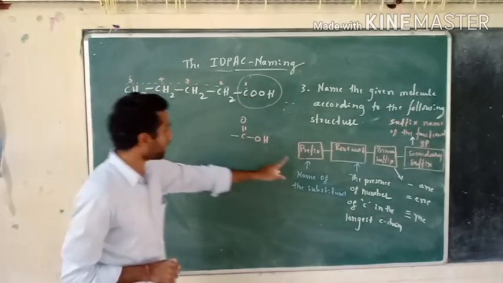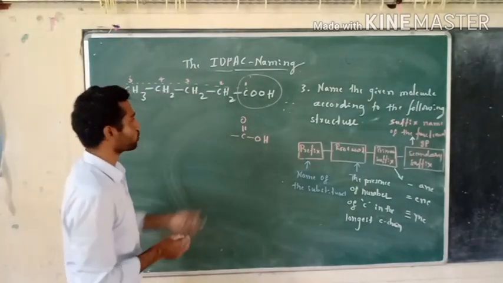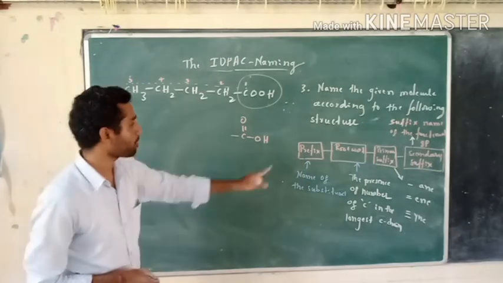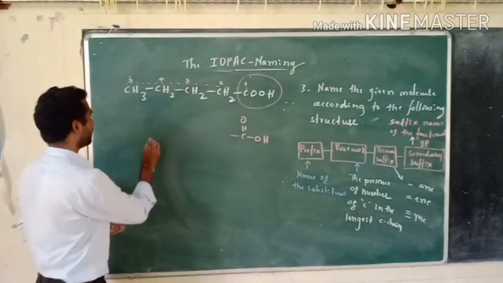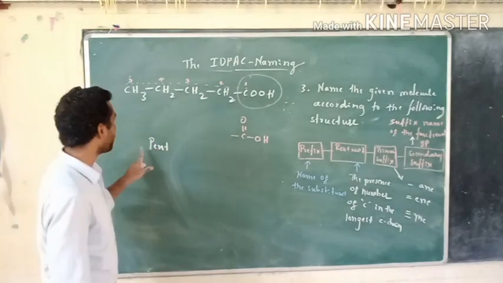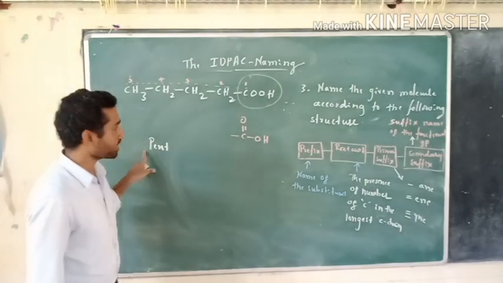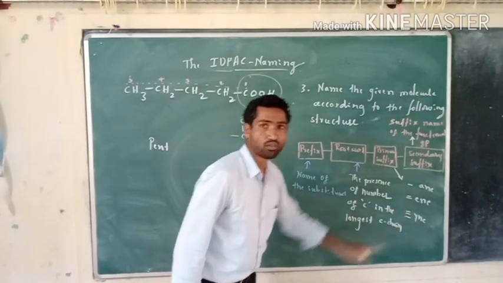So next we have to write the name according to this rule. First I have to write a prefix. No substituent, therefore no prefix. Root word, 5 carbons, therefore I have to write pent. The first letter of the name should be capital, Pent. Next I have to write the primary suffix: ane, ene, yne.